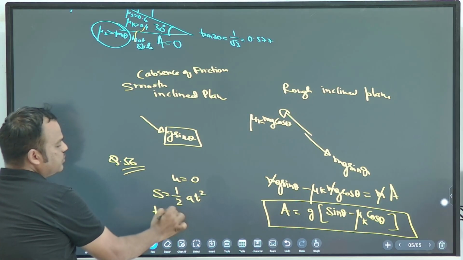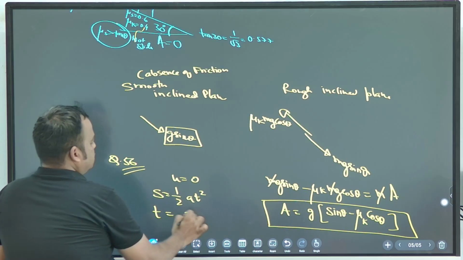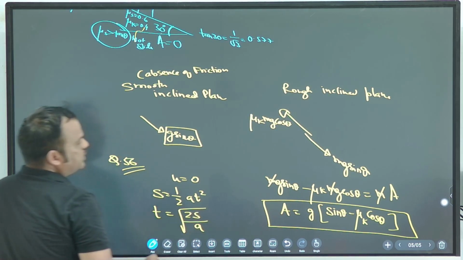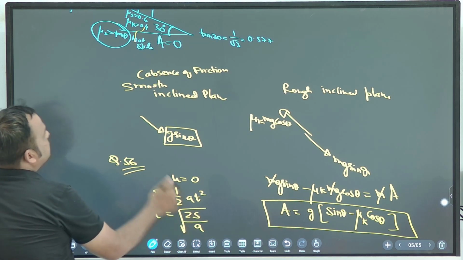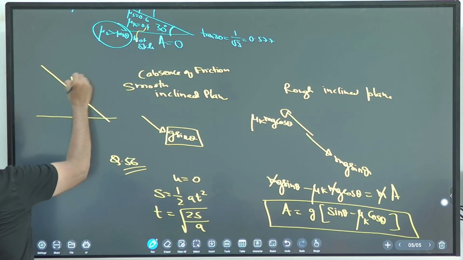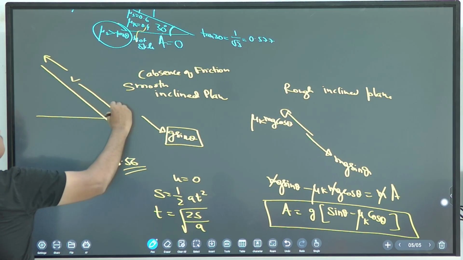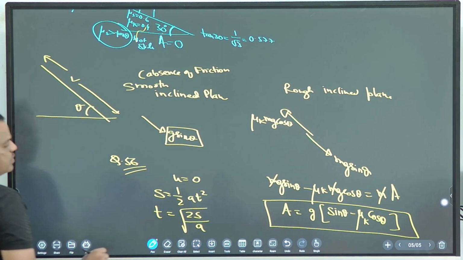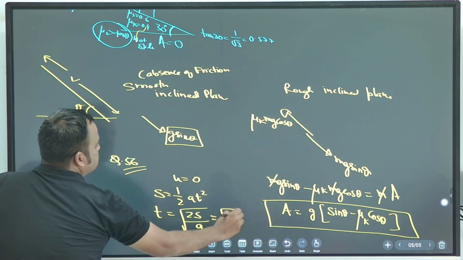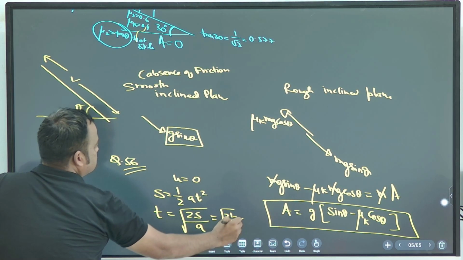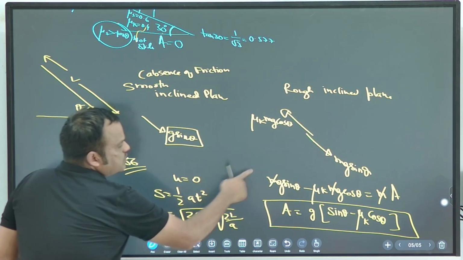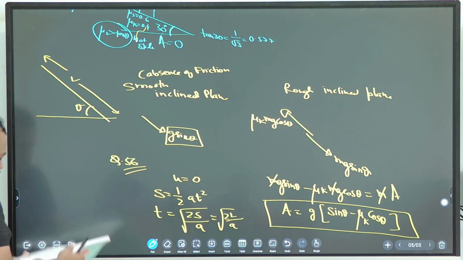So t is equal to square root of 2S by a, correct? S means length. Length of the inclined plane is L. Understood? So S is equal to L. a is g sin theta. Okay, try this question, 56.